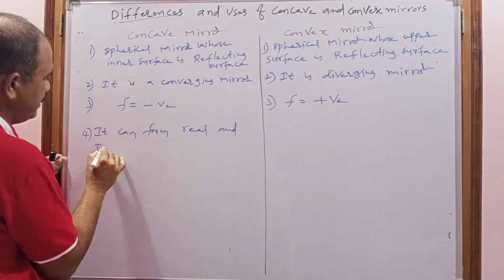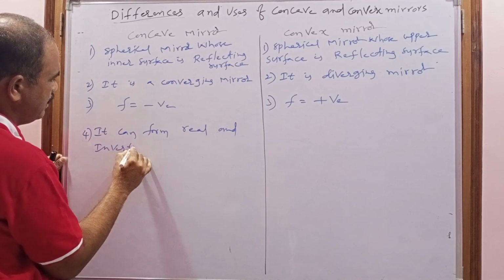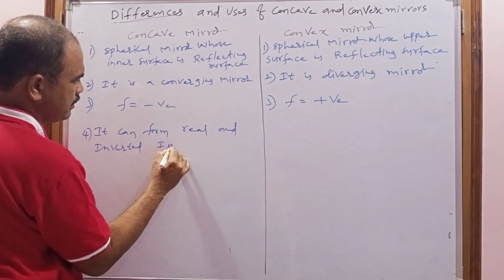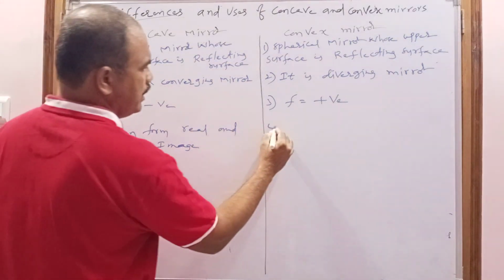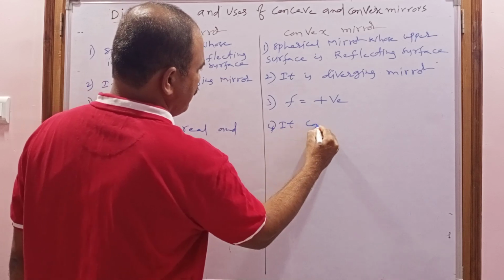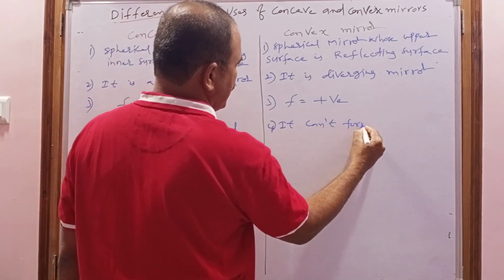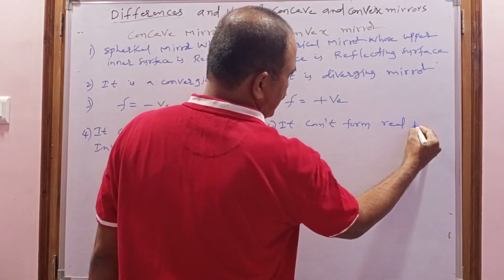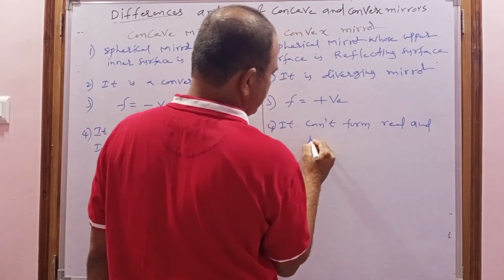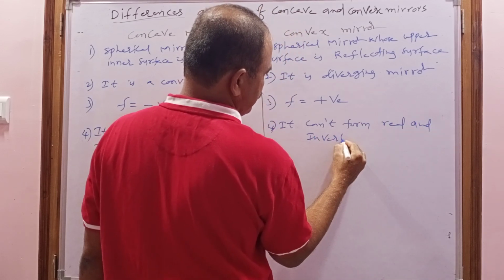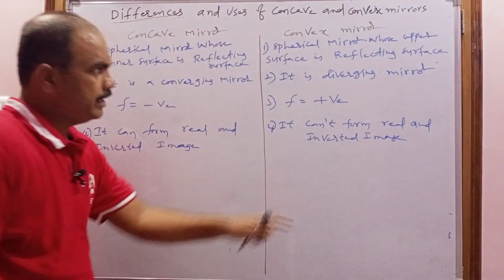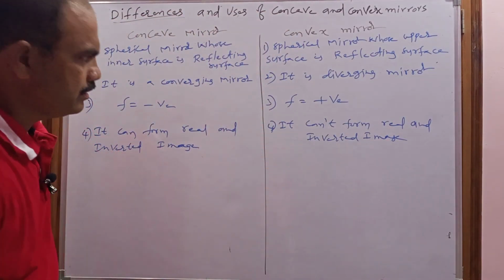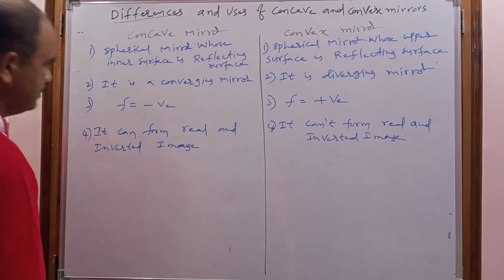Here, the convex cannot form real and inverted image, but it can form only virtual and erect image.